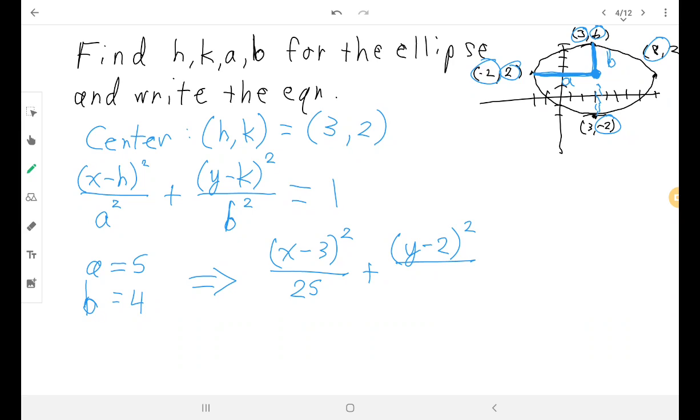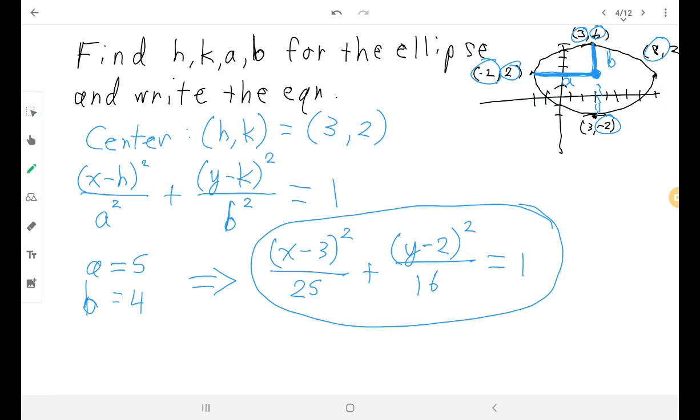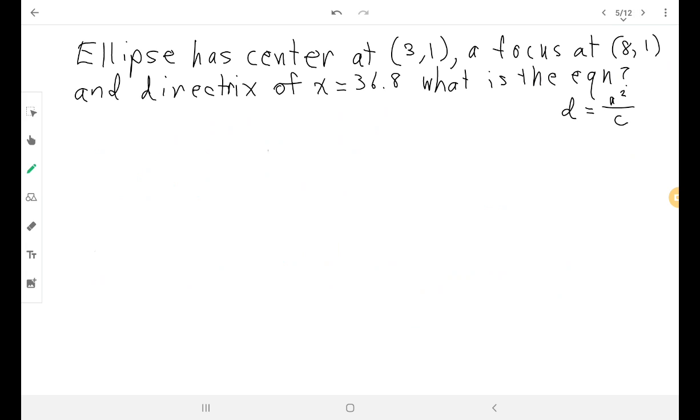B is 4, so 4 squared is 16, and the whole thing equals 1. And there's the equation of the ellipse. I'll pause here for a moment to allow for questions. There being no questions, I'll move on.